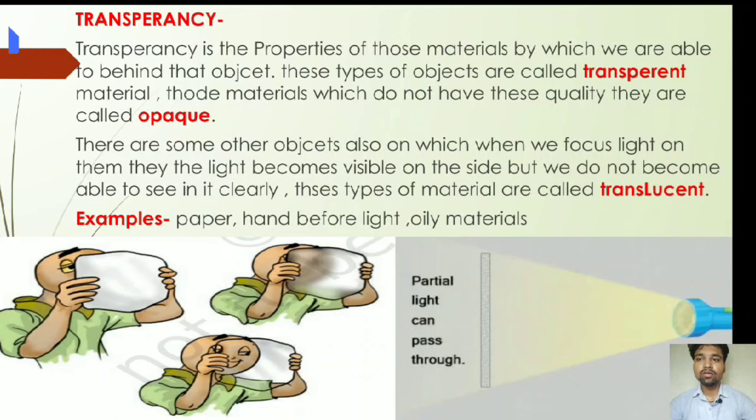But in the third situation, the ice is transparent and the boy is able to see anything behind it. Friends, in the second situation, a torch light is falling on an object through which a partial amount of light passes. It means this type of material comes under translucent.